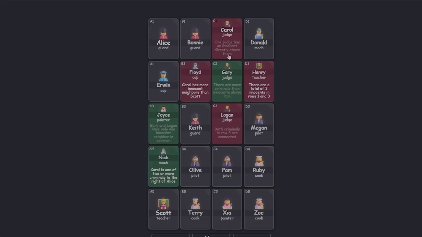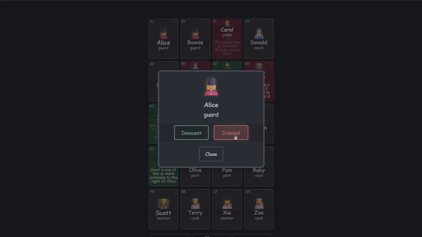But we know for a fact that there has to be 1 right next to Carol, because Carol is one of 2 or more criminals to the right of Alice, and Carol has more innocent neighbors than Scott does. But it can't be both innocent, because if both were innocent, then this would be violated. Yeah, I think there's no way. So Alice is definitely a criminal.